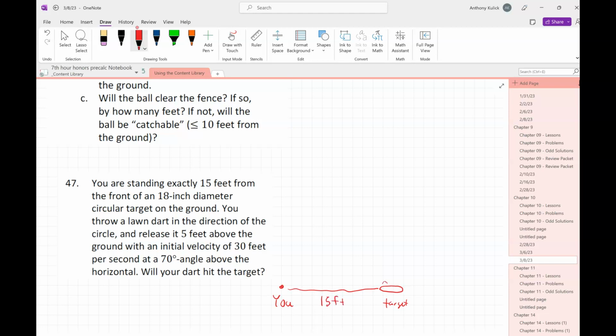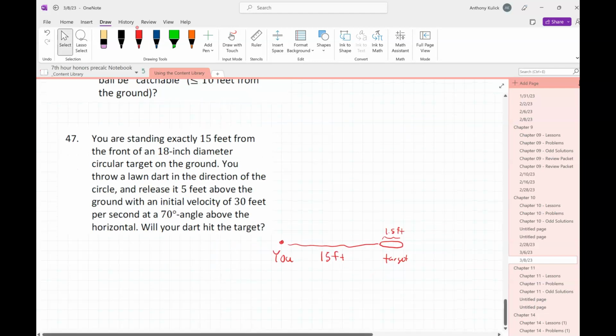Now, I'm going to convert that 18 inches into feet. And then it tells you to throw this thing and you're asking if it hits the target, right?